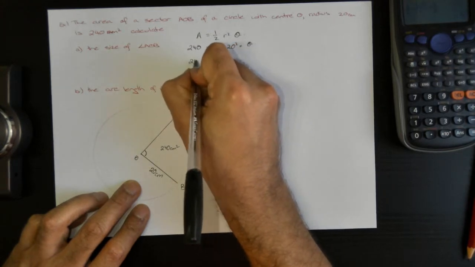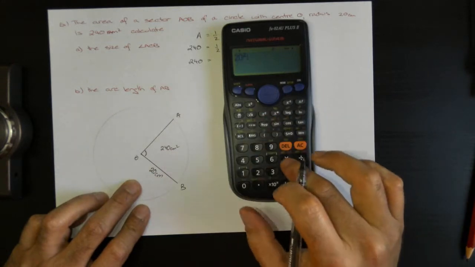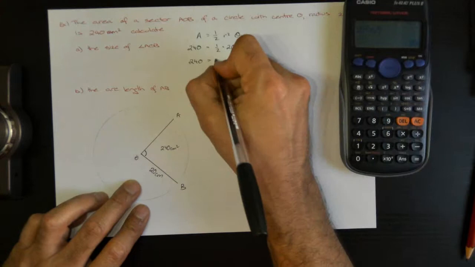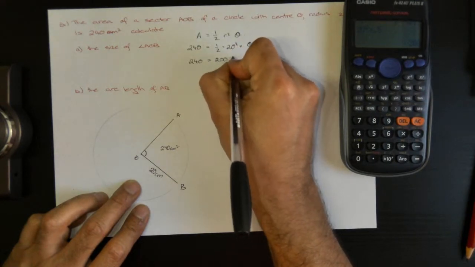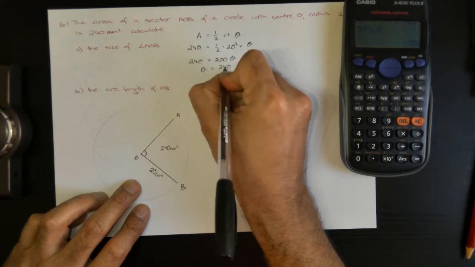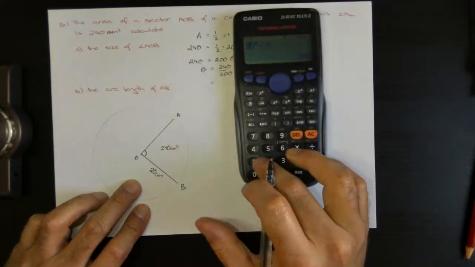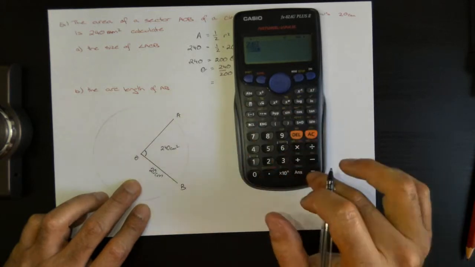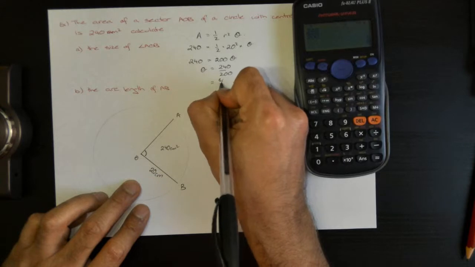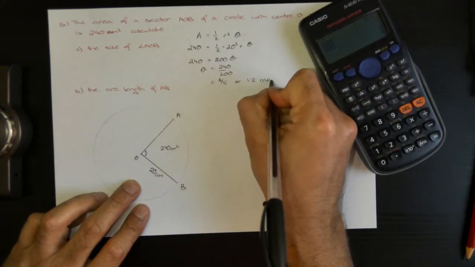So using our algebra, 20 squared times 0.5 gives us 200. So theta has to be 240 over 200, which is 6 over 5, or 1.2 radians.